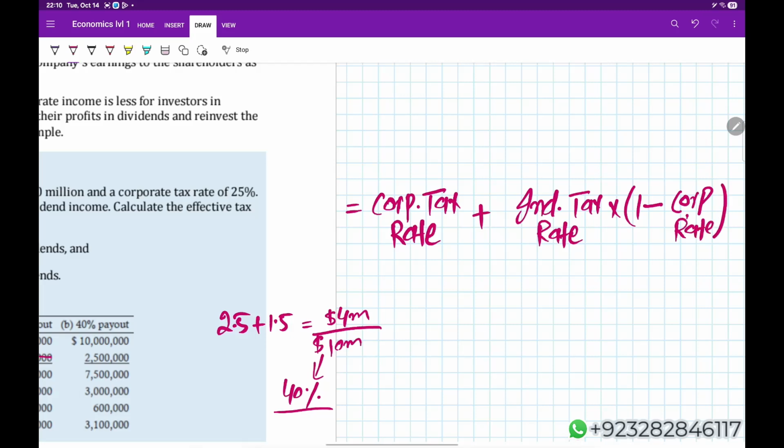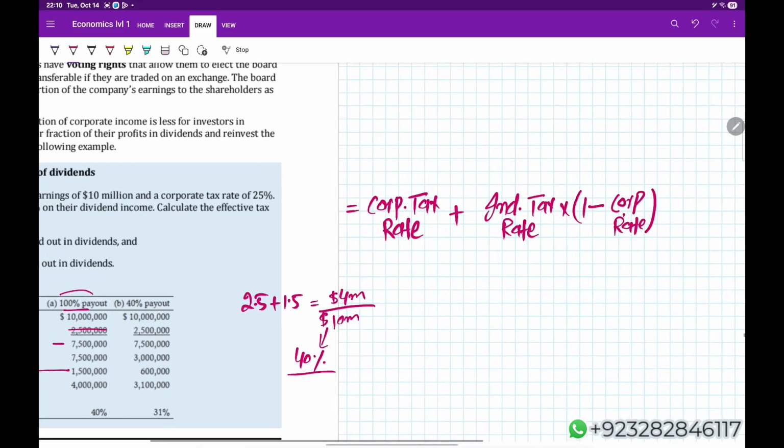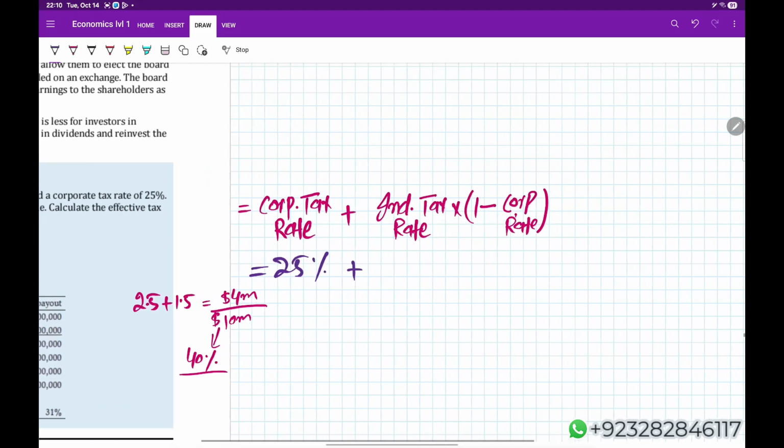In this scenario, we have 25% corporate tax, individual tax is 20%, times 1 minus corporate tax, which is 25%.